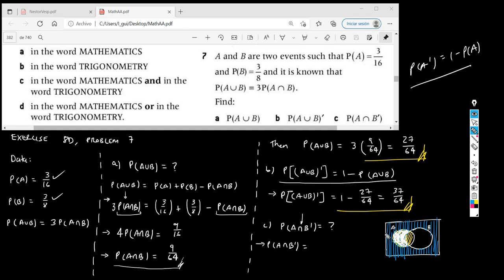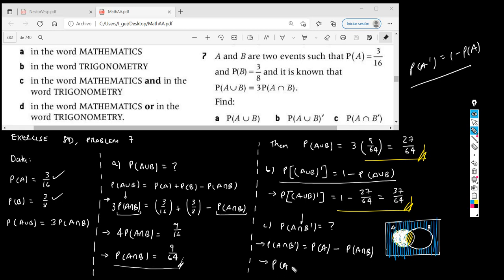Well, reasoning in a geometrical way, we can see that this white area is nothing but the probability of A minus the probability of this intersection, right? And we already have that intersection, which is this much.